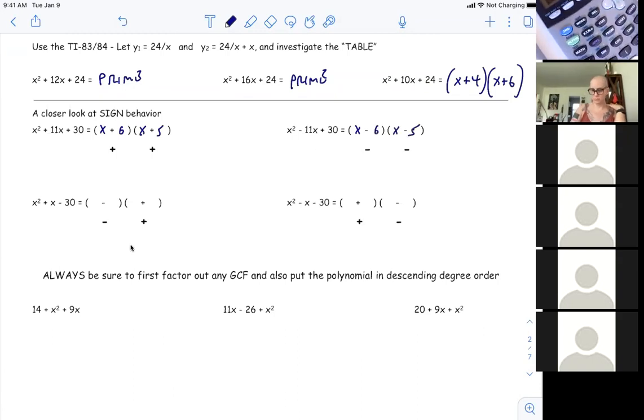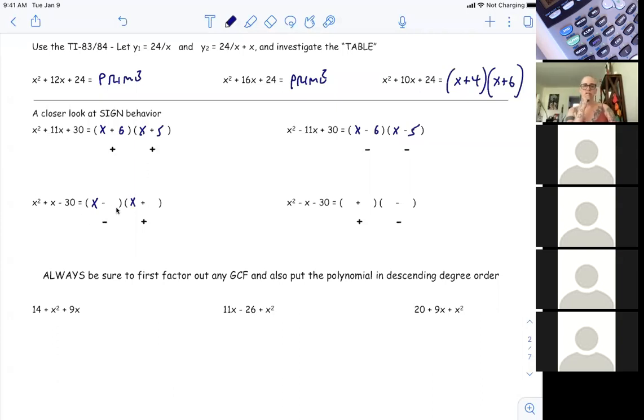Where it gets a little more interesting is here when you have a negative constant term. Remember, if you're going to multiply two numbers and get a negative answer, then one of them must be negative and the other positive. And it matters very much which we use here.